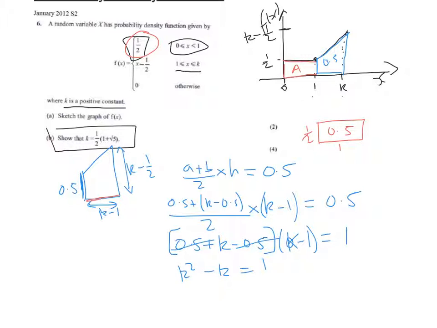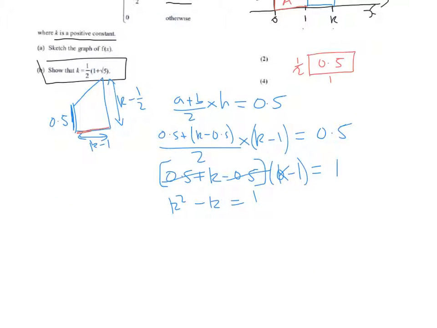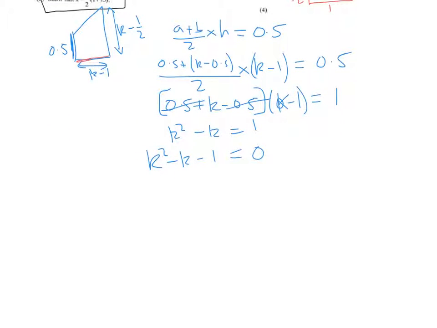So now to solve for k, we need to equate our quadratic to 0, so k squared minus k minus 1 equals 0. So now we need to complete the square on this. So we will have k minus a half all squared minus 5/4 equals 0.